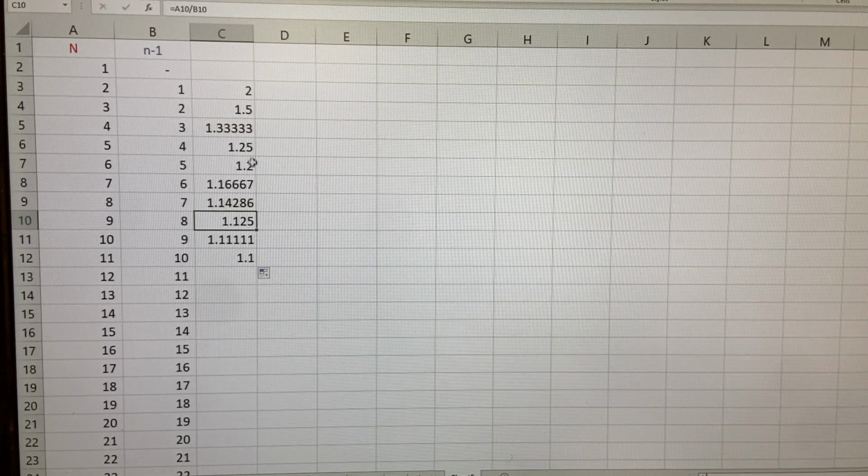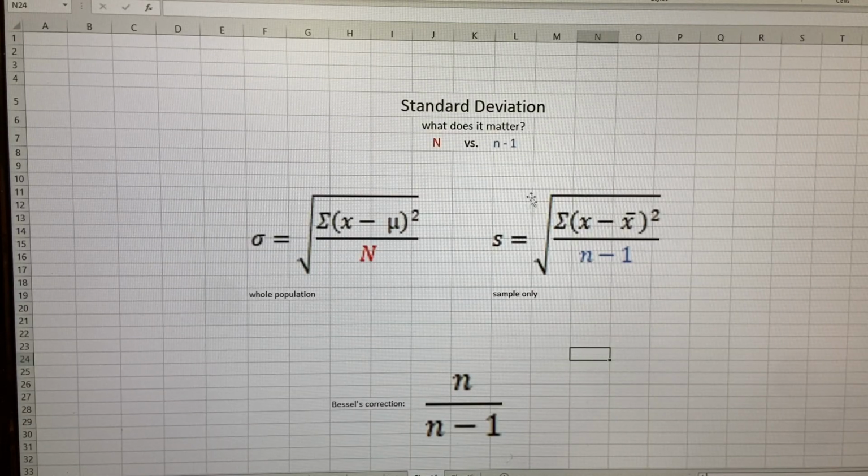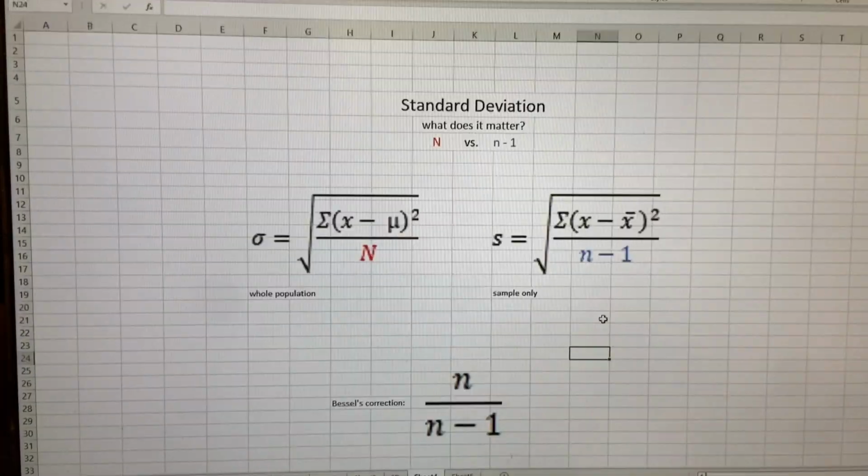So 30%, and this might seem unfair. Why are we giving a serious boost to sample only standard deviation calculation?